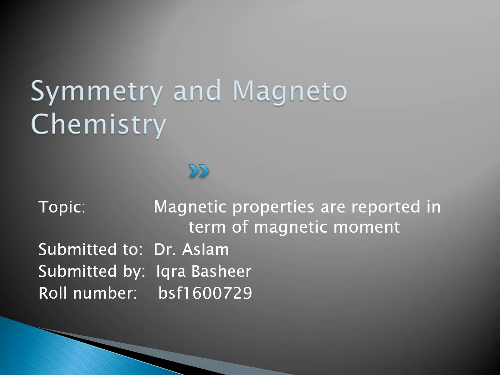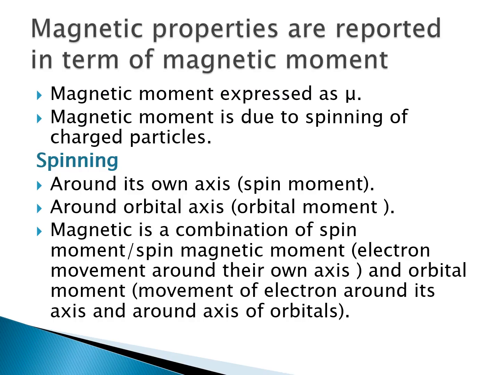The topic of my presentation is magnetic properties reported in terms of magnetic moment. Magnetic moment is due to the spinning of charged particles or electrons. The spinning may be around the axis of electrons, which is spin moment, or around the orbital axis, which is orbital moment.